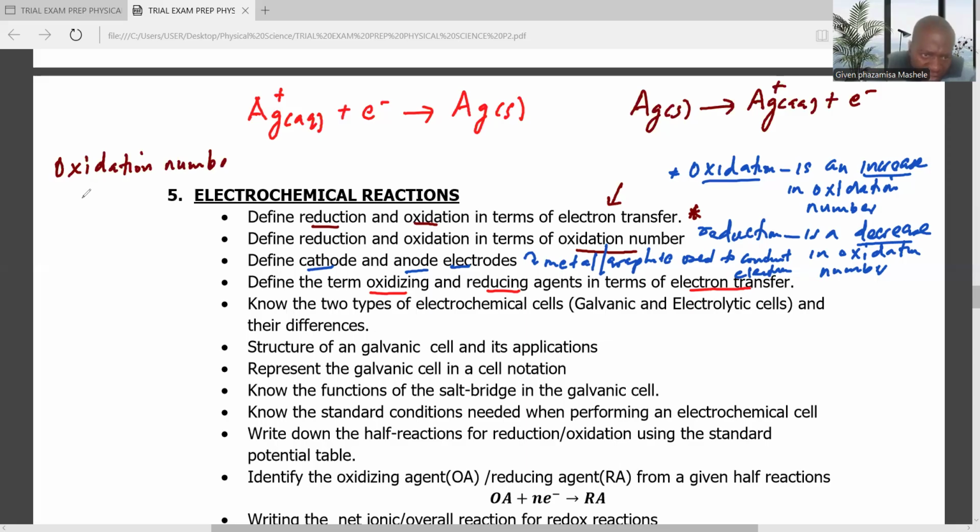An oxidation number, ladies and gentlemen, is a number assigned to each element or an ion in a reaction or in a compound.